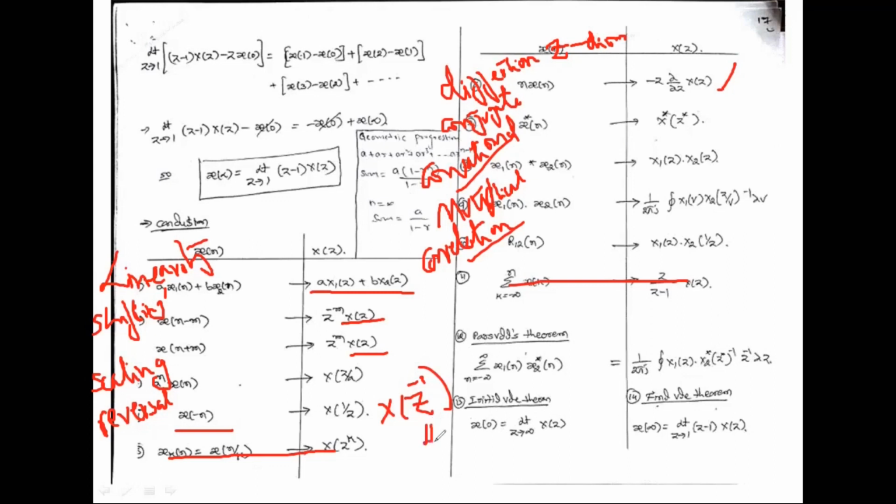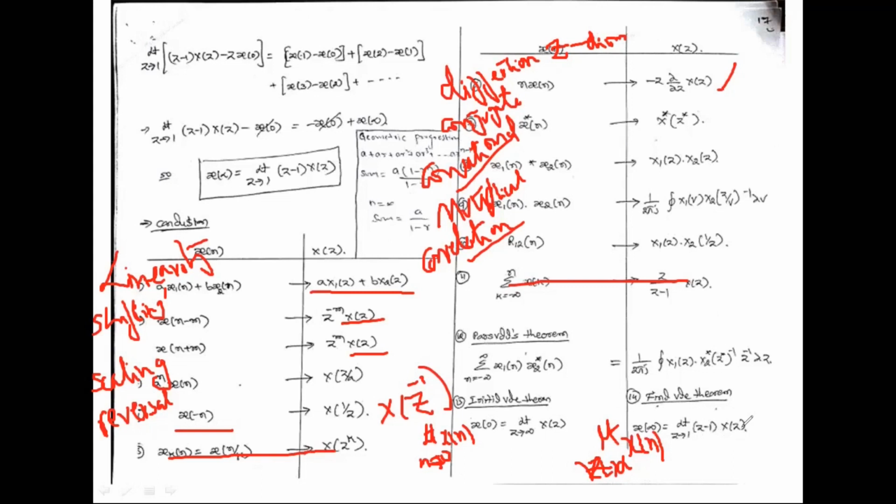And the initial value theorem and the final value theorem. Initial value theorem says limit n tends to 0 of x of n is equal to limit z tends to infinity of x of z. And final value theorem says limit n tends to infinity of x of n is equal to limit z tends to 1 of z minus 1 times x of z. Only this you have to remember.